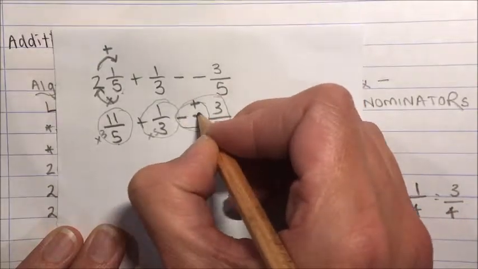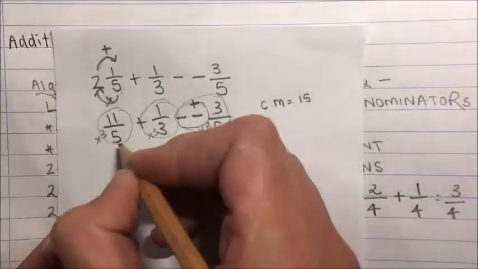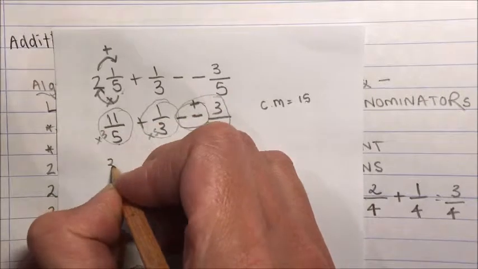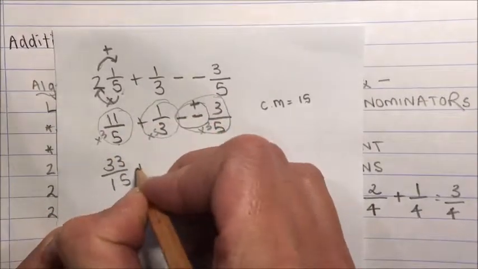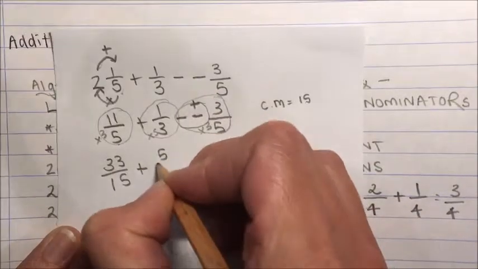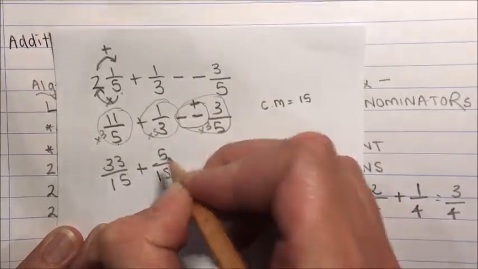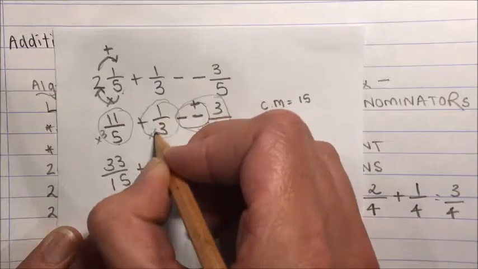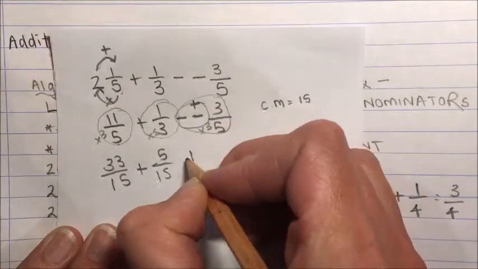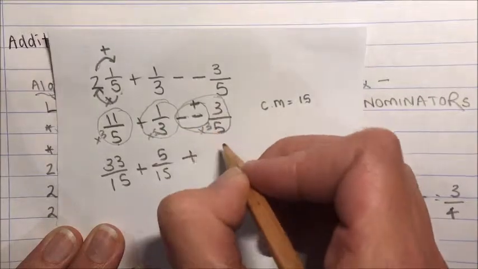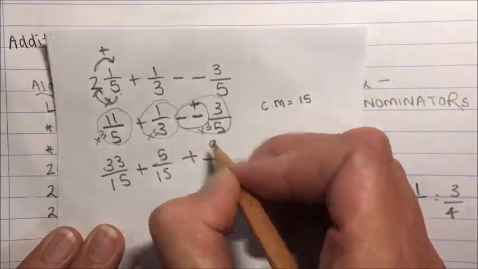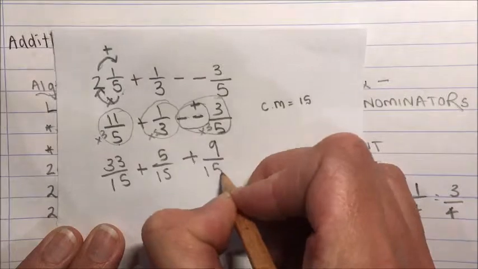And remember to turn my negative and negative into a positive. So let's go. 3 times 11, 33 over 15, plus 5 over 15, because I multiplied that by 5. Plus, because my negative and negative have become a positive, 3 times 3 is 9. 3 times 5 is 15.